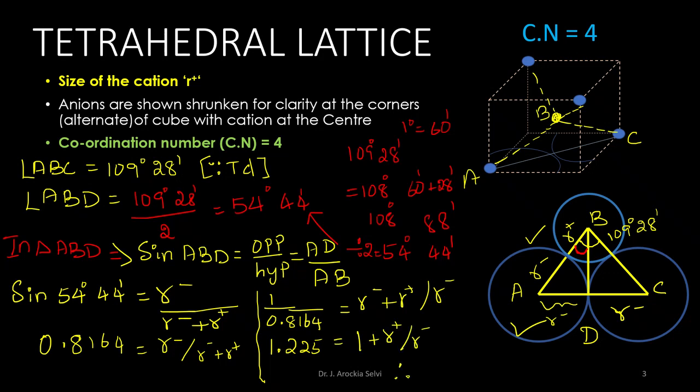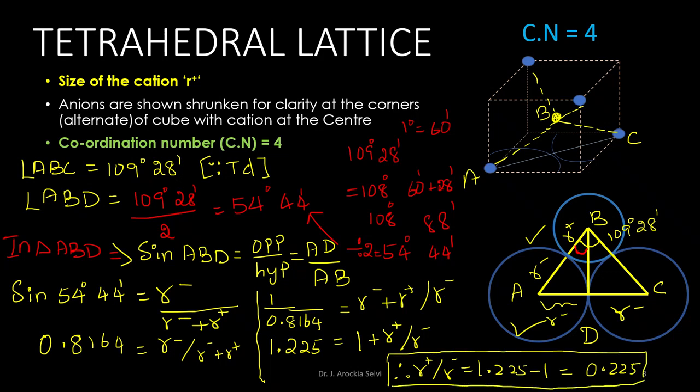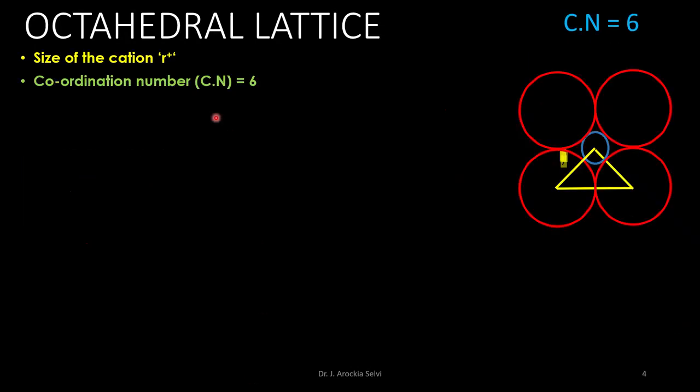Therefore, R plus by R minus will be equivalent to 1.225 minus 1, and that will be equivalent to 0.225. Therefore, R plus by R minus for the coordination number is 0.225. Hope you understood.